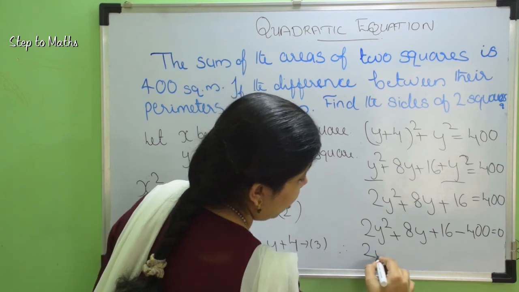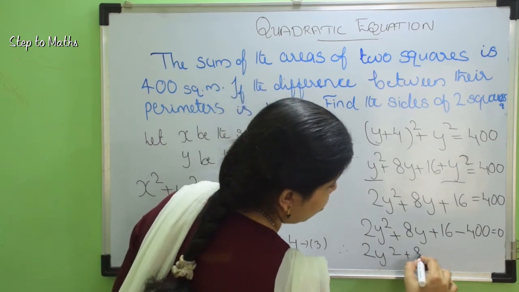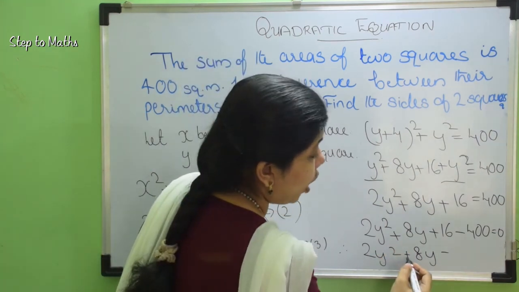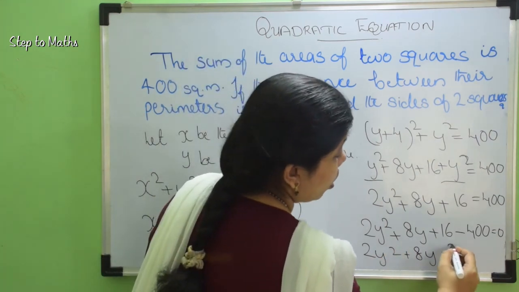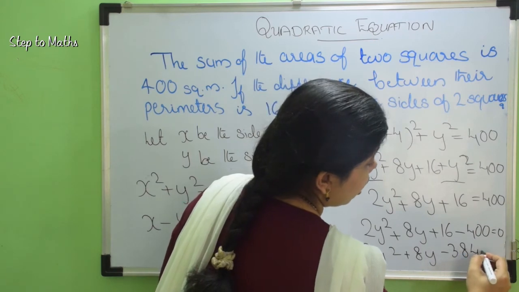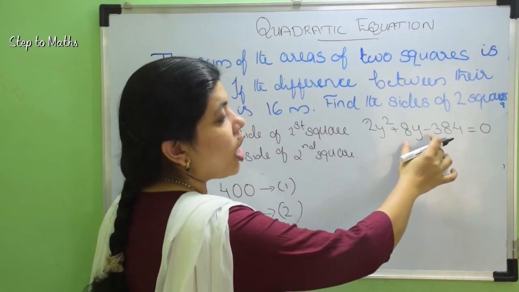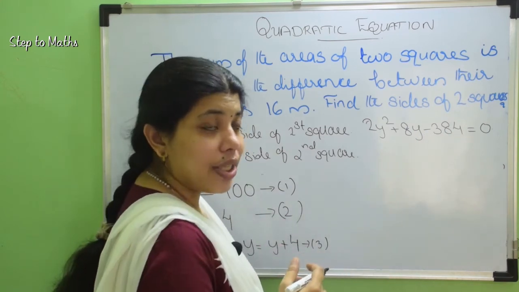Therefore, 2y square plus 8y minus 384 is equal to 0.